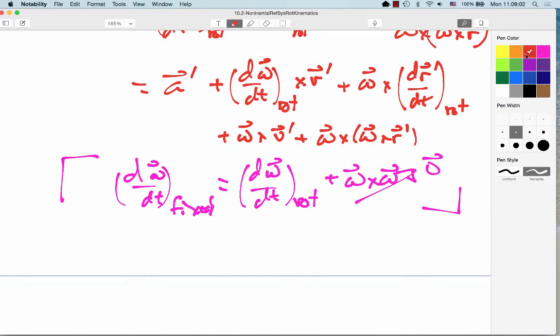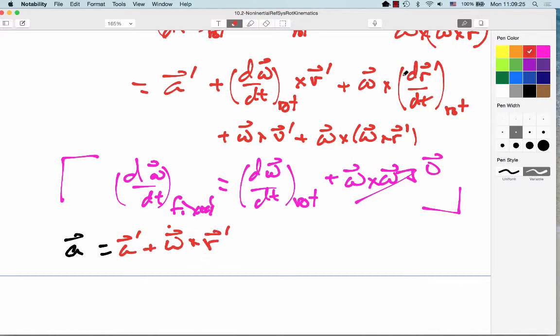All right, so with that, we have that our A equals, so now we're up to an A prime plus, now we have an omega dot cross r prime.